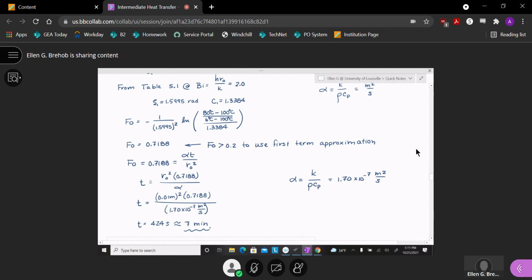So this says that would take 424 seconds or about 7 minutes to heat the hot dog up from the refrigerator to 80 degrees C.